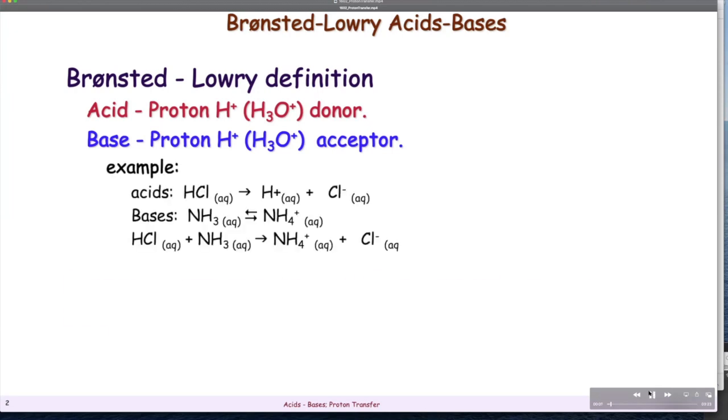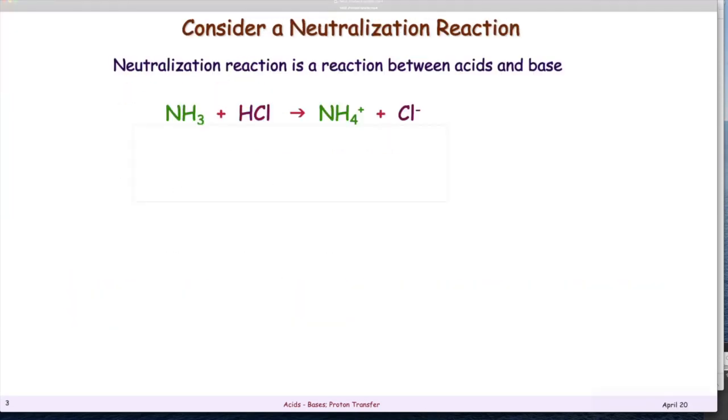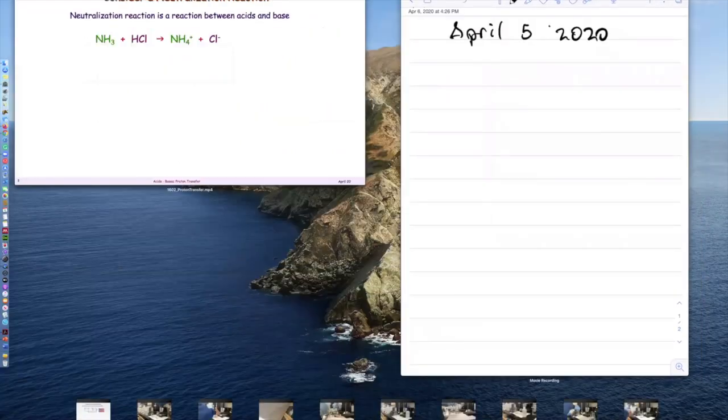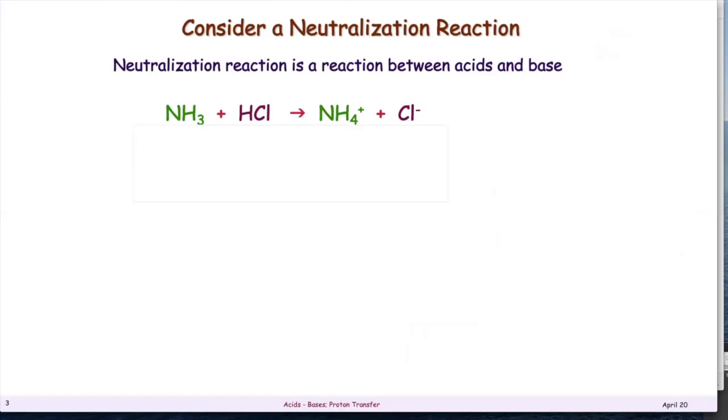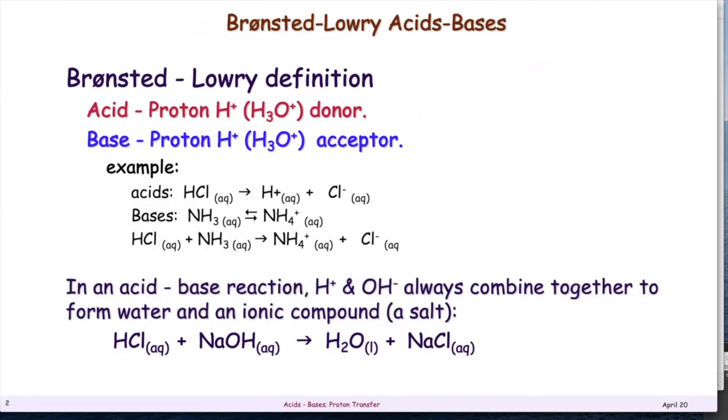Here are some examples. The examples here are hydrochloric acid dissociating to hydrogen ions and chloride ions, or ammonia going to NH4 plus, that's a base. Now, of course, in the reaction between these two, the hydrochloric acid donates the proton.